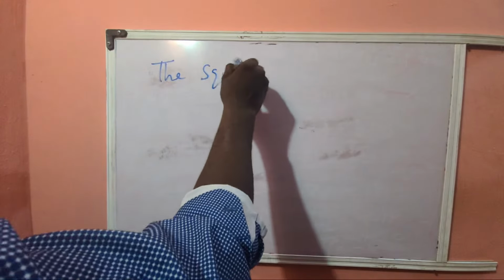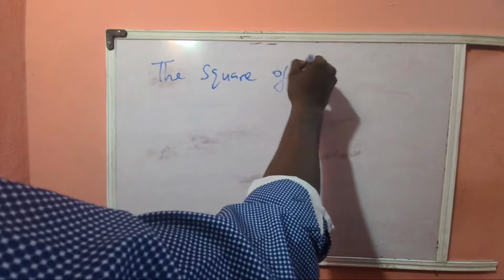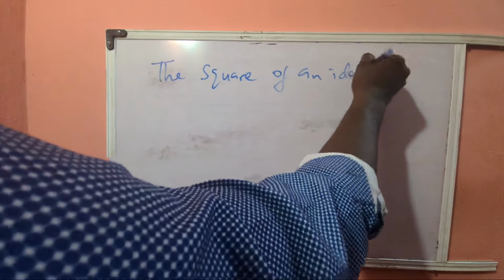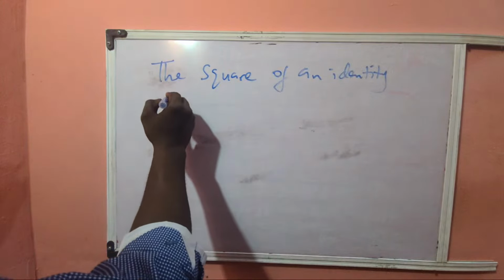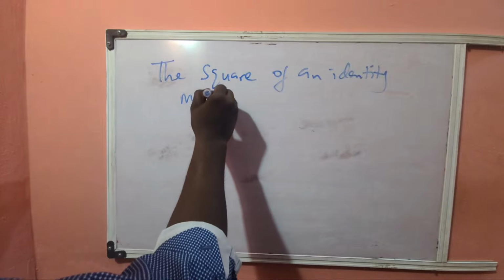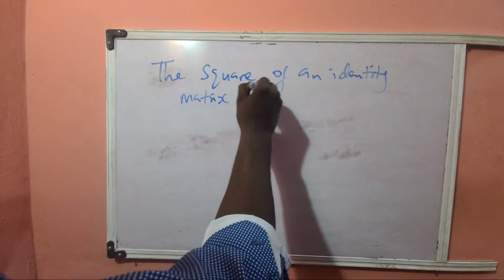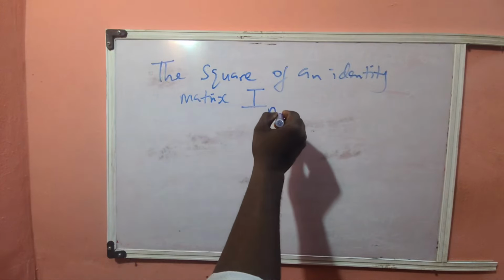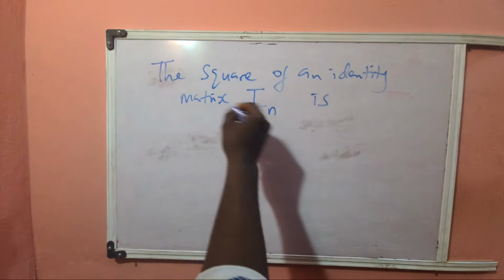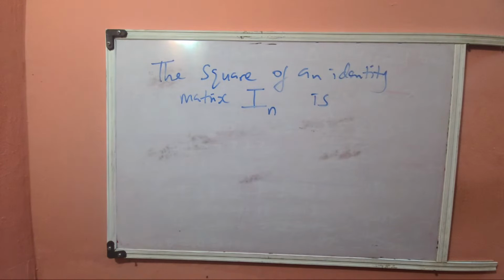We're told to find the square of an identity matrix. This was the identity matrix given, I_n. So we're told to solve this: the square of an identity matrix is what?